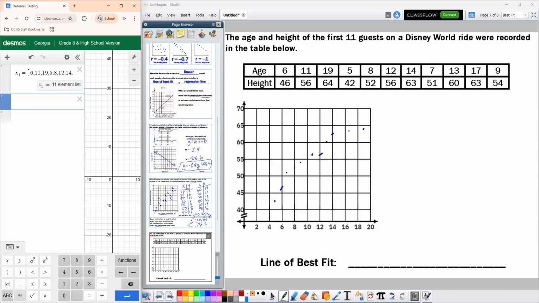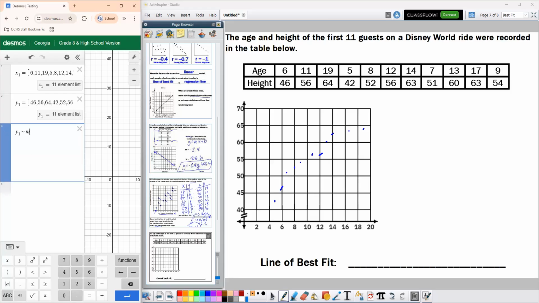There are 11. It said there were 11 guests at Disney World. So far, so good. Y values, I got 46, 56, 64, 42, 52, 56, 63, 51, 60, 63, and 54. 11 again.